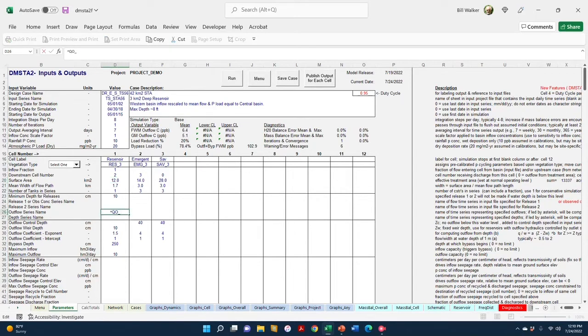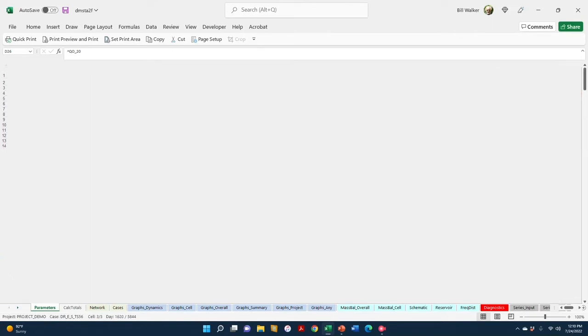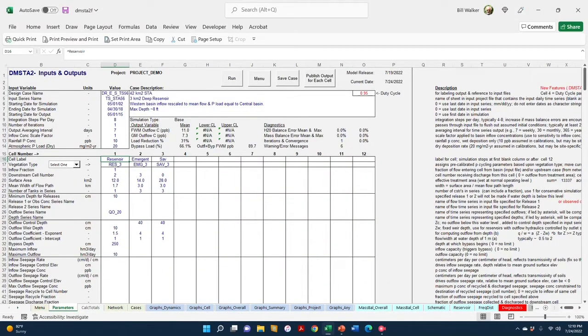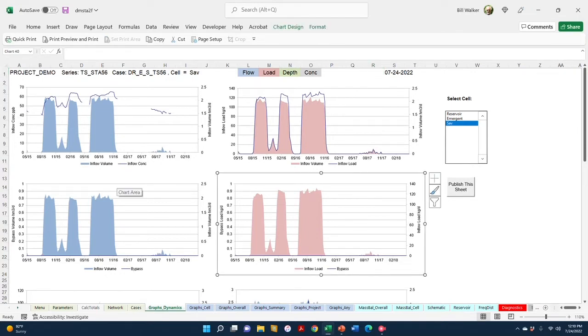So we'll go back and change that to 20. Yeah, you can see with the inflow to the SAV cell is now capped.